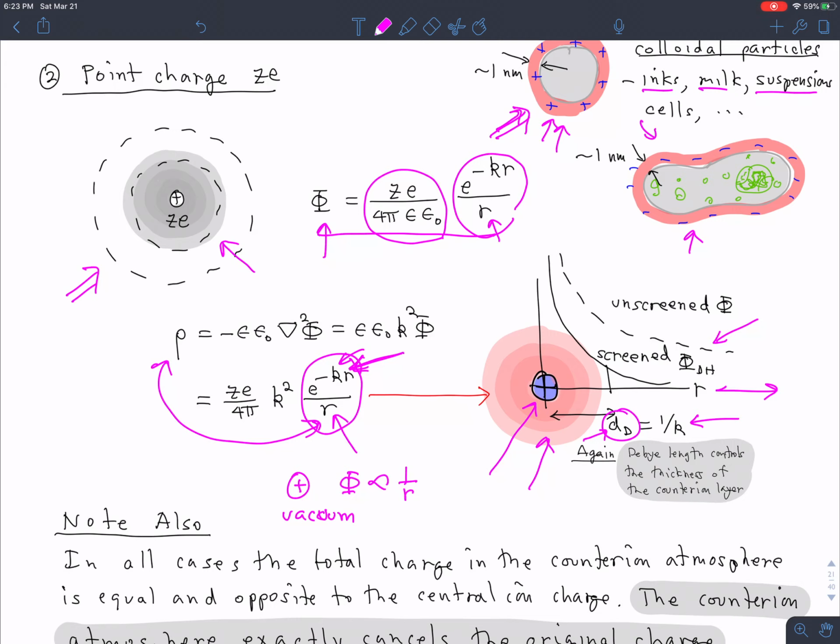And so this extra thing on top, e to the minus kappa r in ionic solution, is the screening factor. It's the extra factor that accounts for the fact that there's a counterion atmosphere around everything. And it makes the interactions between ions much shorter than it would be if there were no screening.